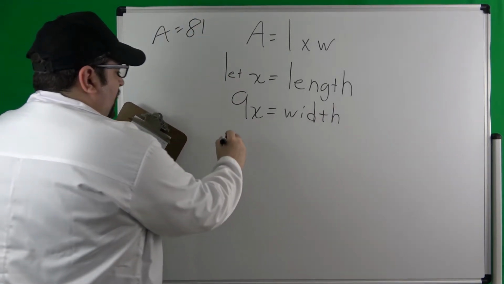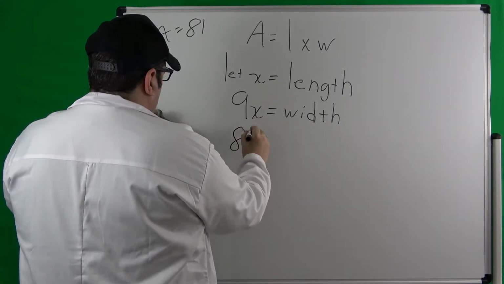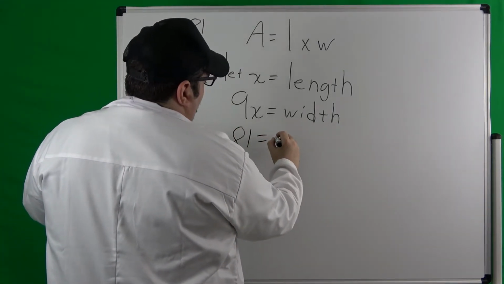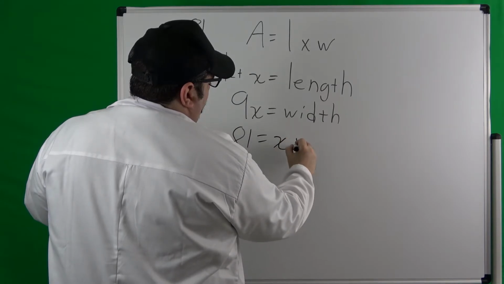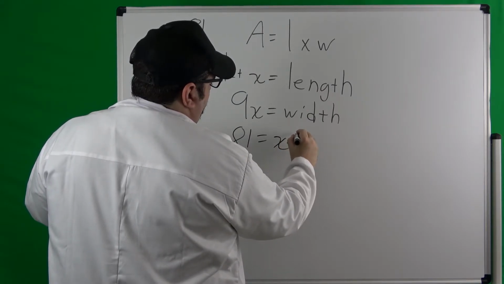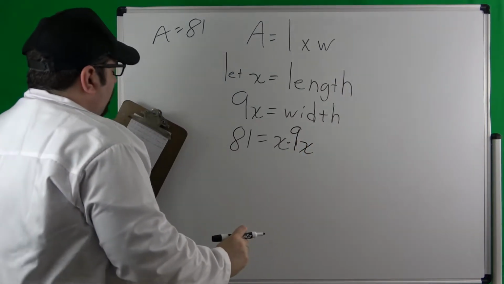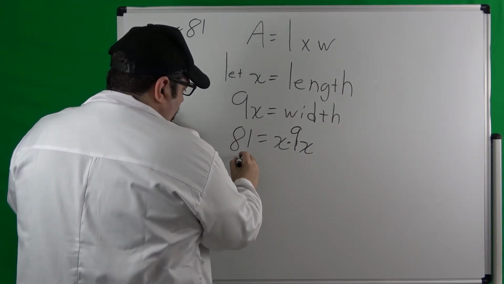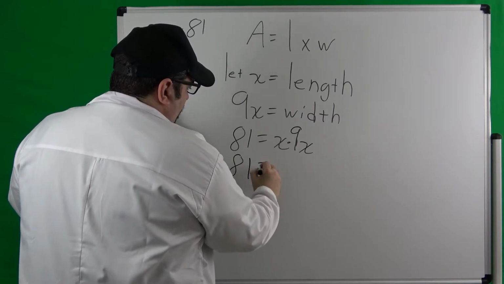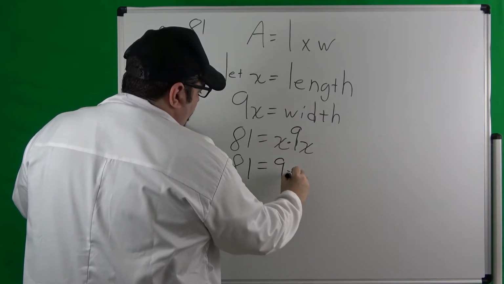So we're going to have 81 equals x times 9x. Well, that's going to be 81 equals 9x squared.